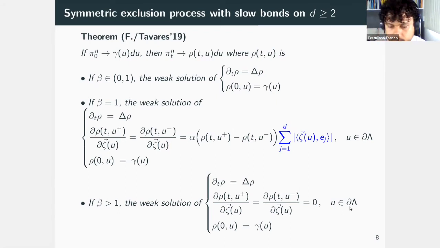So we have this interesting behavior, which depends on the relative position of the surface with respect to the graph. Okay, I'm too fast. That's fine. I'm going well.